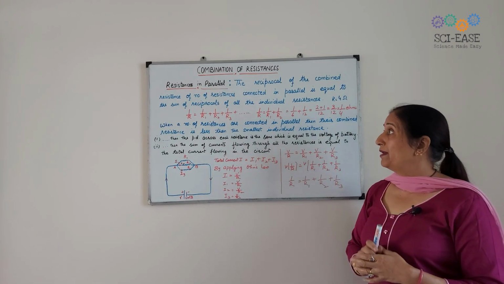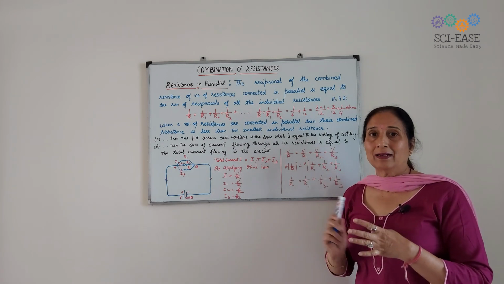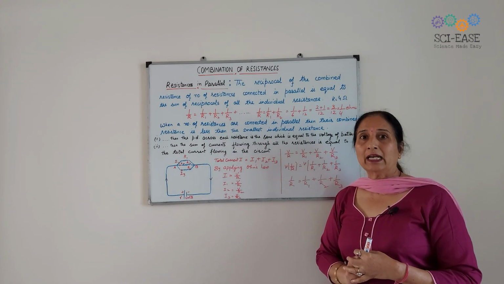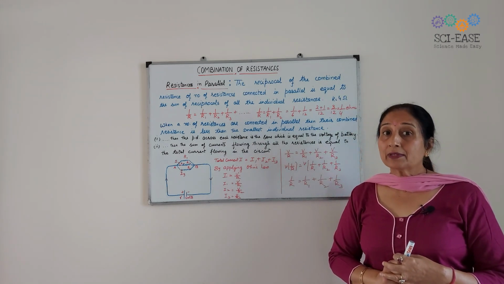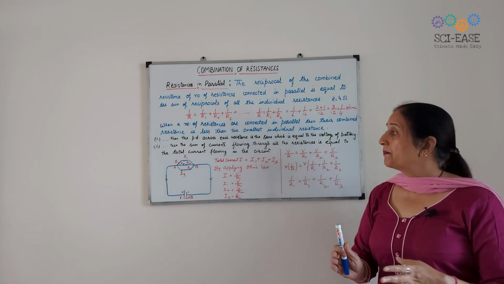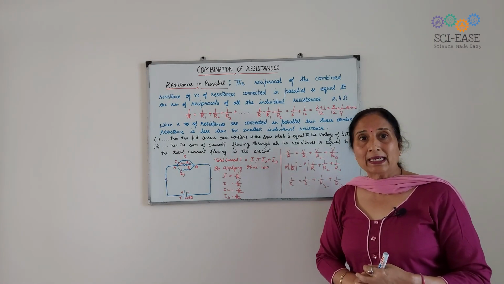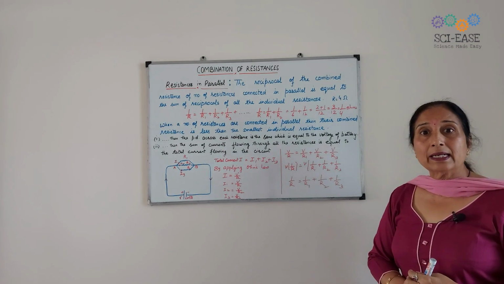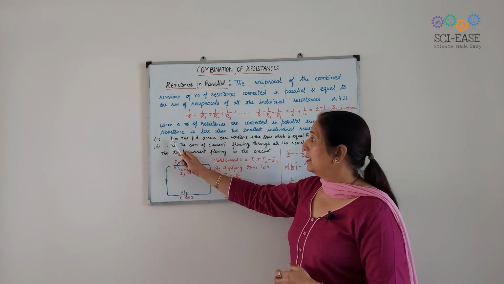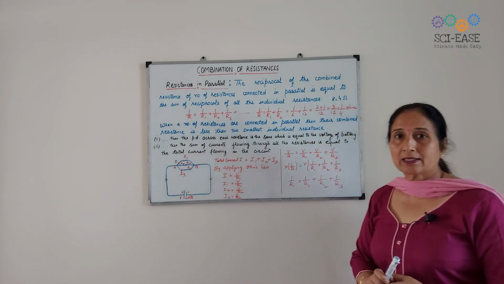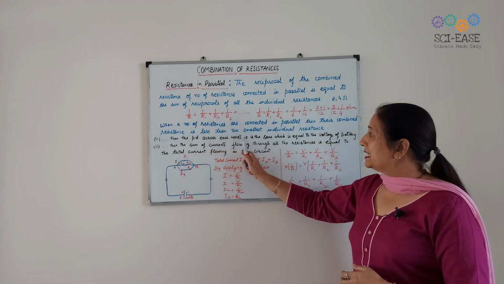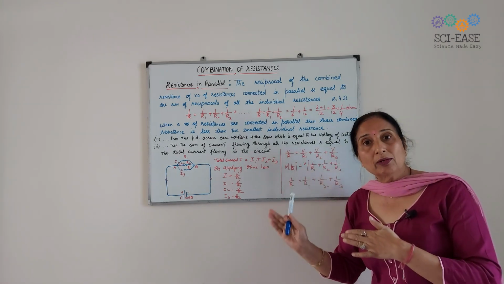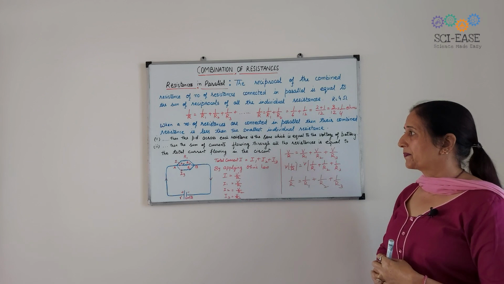Again, when the resistances are connected in parallel, before using the formula for calculating the resultant resistance, we should keep 2 things in mind. First, the potential difference V across each resistance is the same, which is equal to the voltage of the battery.